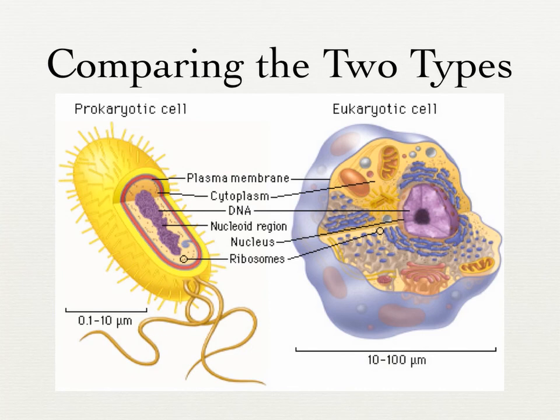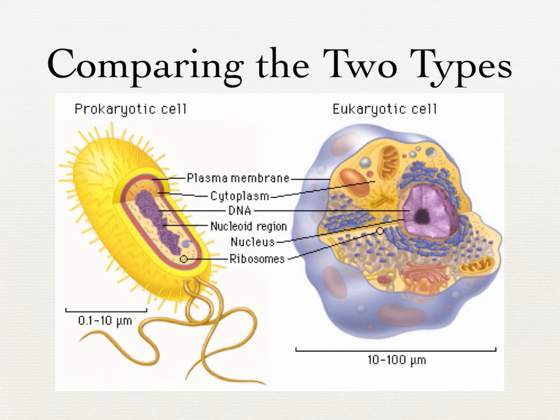Okay, so if we were to look at the two types of cells side by side, you can see that there are quite a few differences. The prokaryotic cell, pro meaning before, and karyote meaning kernel, meaning this is what it would look like before it has some kind of kernel or before that nucleus. The DNA is just floating around in some kind of goopy mess.